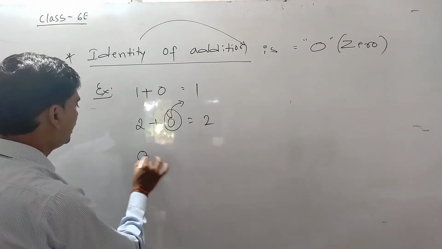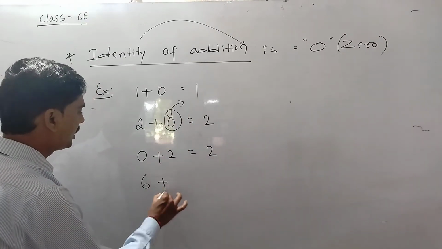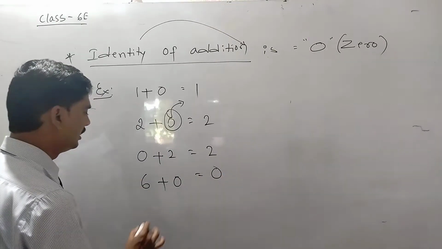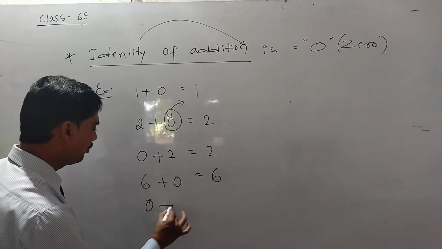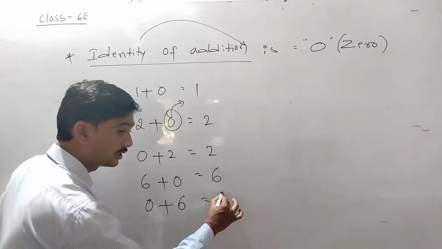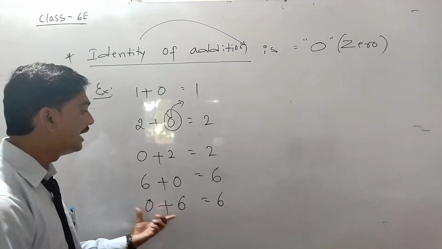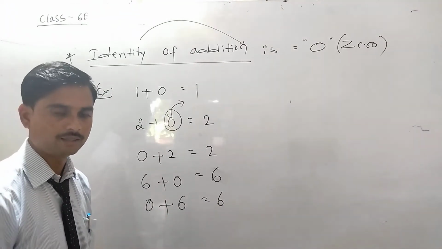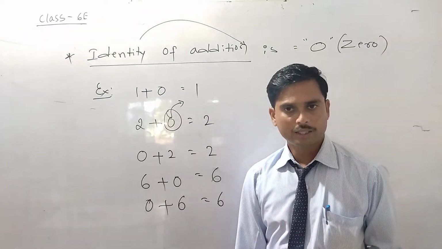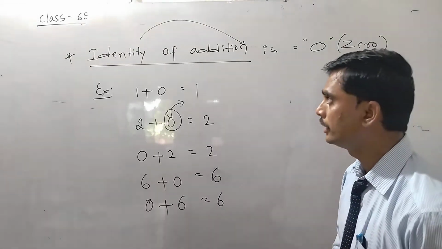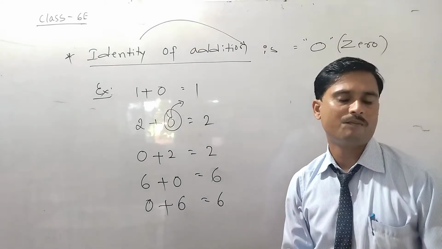Look at here, 0 plus 2 is 2 only. 6 plus 0 is equal to 6 only. And 0 plus 6 is equal to what? 6 only. This is called identity of addition. It is very important. Remember in your mind, if we ask which is the identity of addition, you have to tell, sir, 0 is the identity of addition.